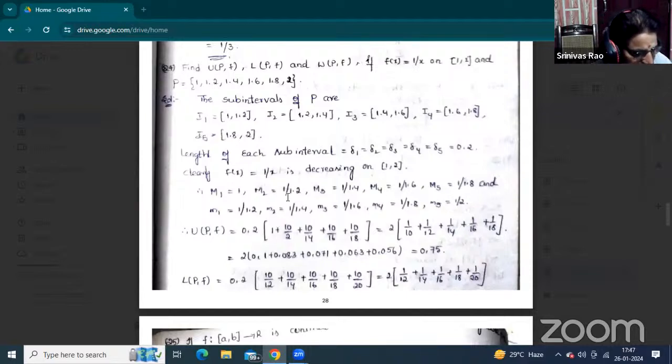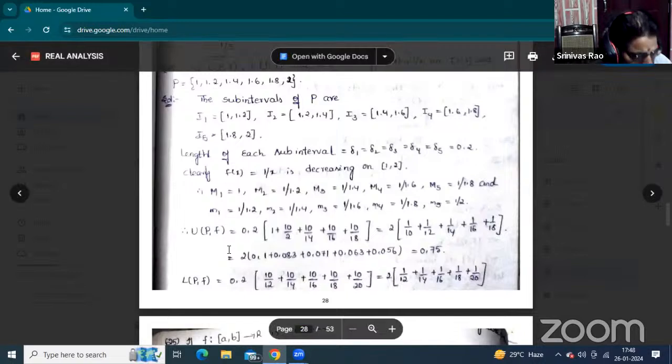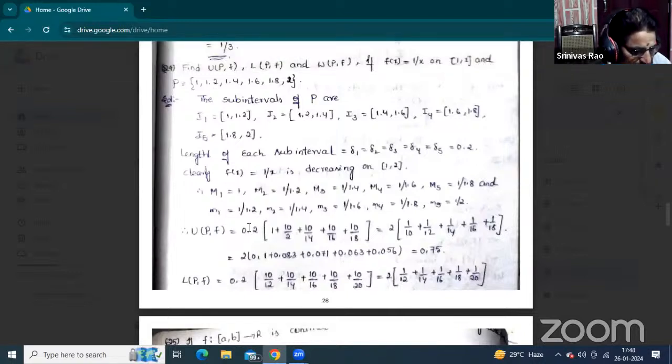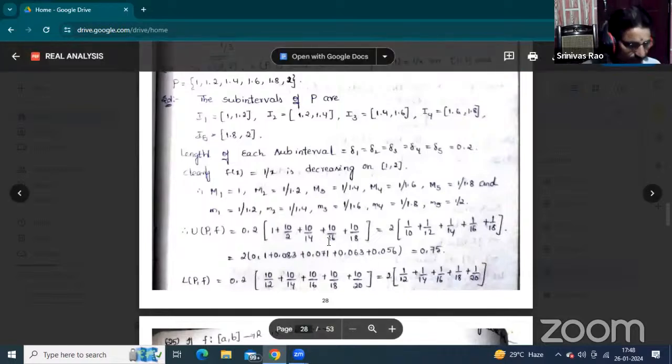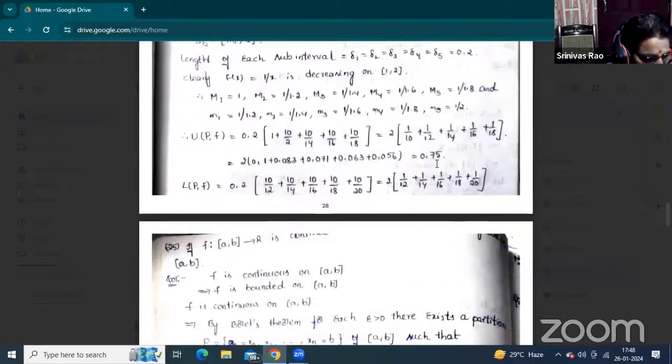Converting these: 10 by 12, 10 by 14, 10 by 16, 10 by 18, each multiplied by delta 1, delta 2, delta 3, delta 4, delta 5. After simplification, we get the value 0.75.